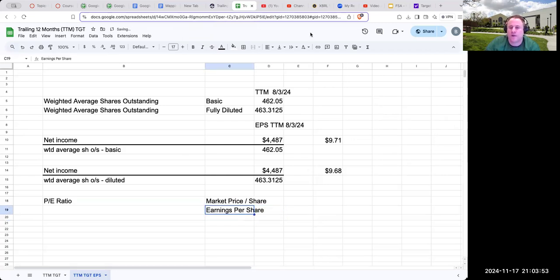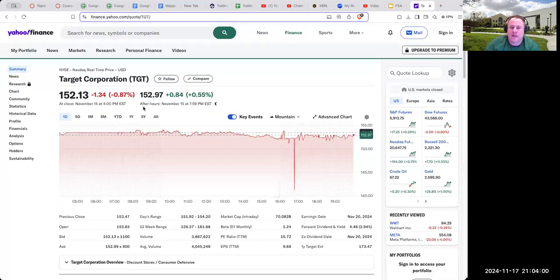Okay, so when I look at this over here, for Target, the stock price per share is 152.13. We'll go ahead and use that amount.